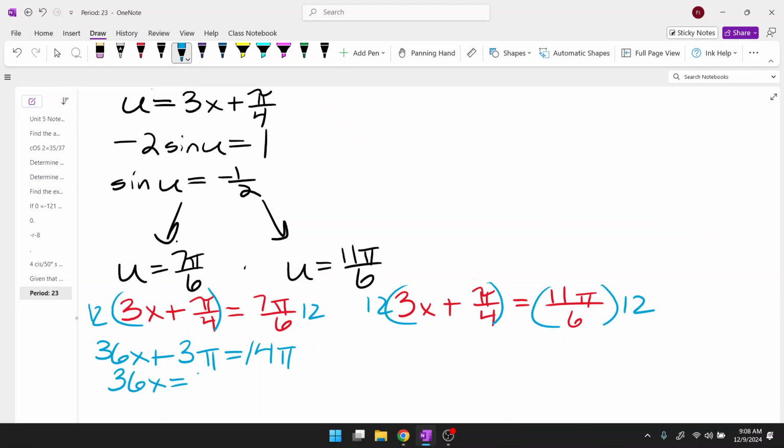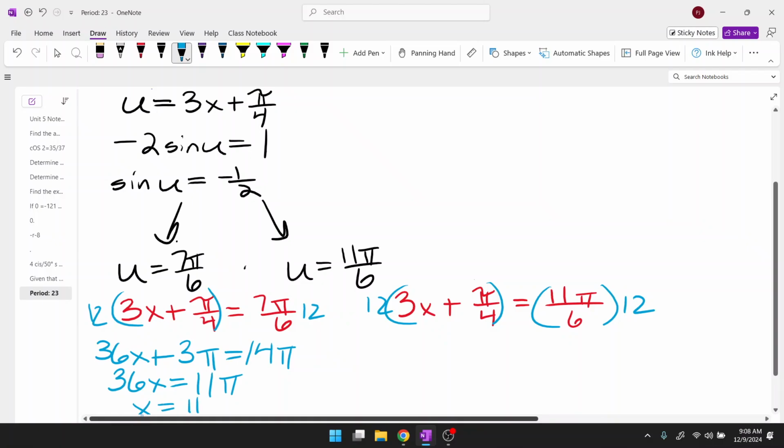36x will equal 11 pi. X will be 11 pi over 36. Now, keep this in mind. 2 pi over 3 is going to end up being 24 pi over 36.